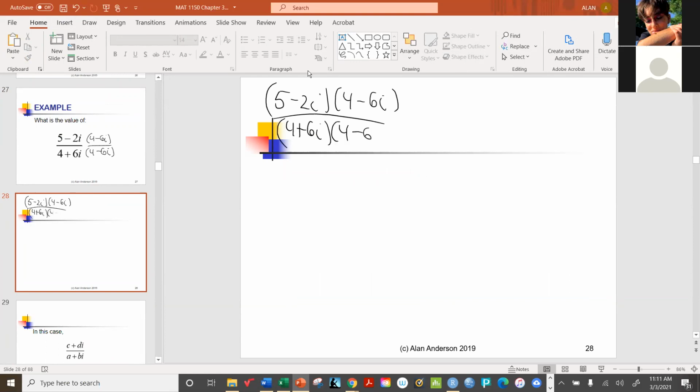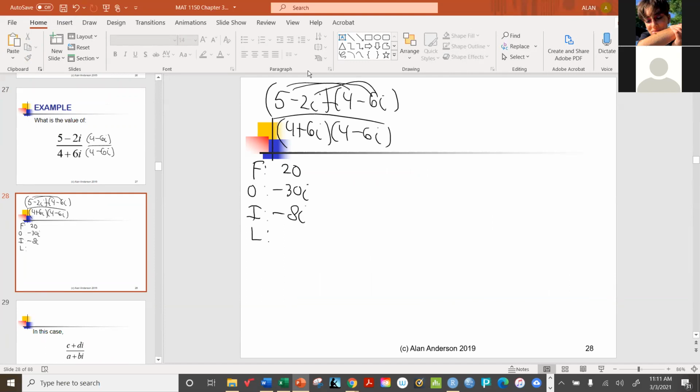and 4 minus 6i. So we'll do FOIL with the numerator. First would be 20. Outer would be minus 30i. Inner is these two, which is minus 8i.